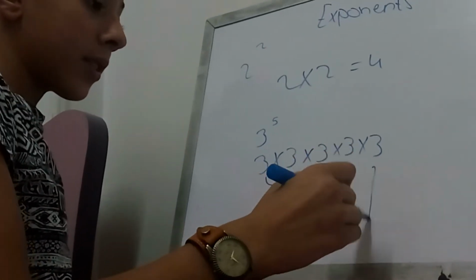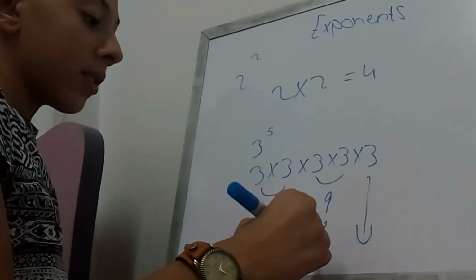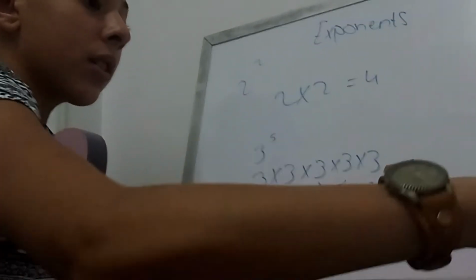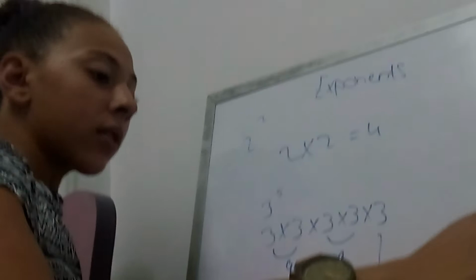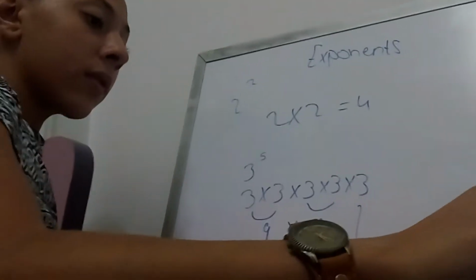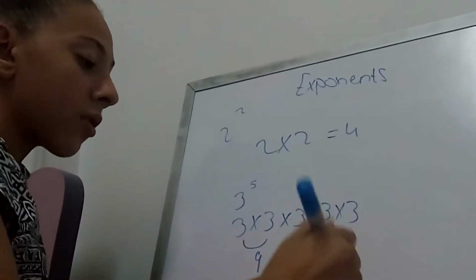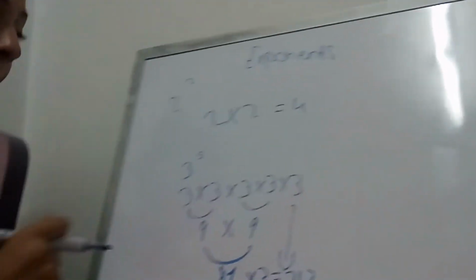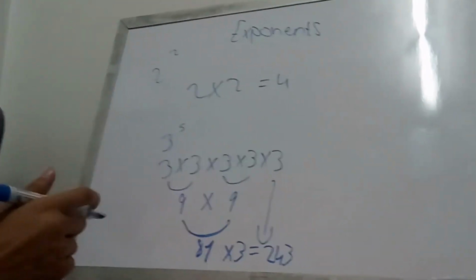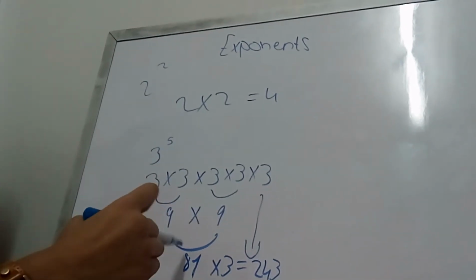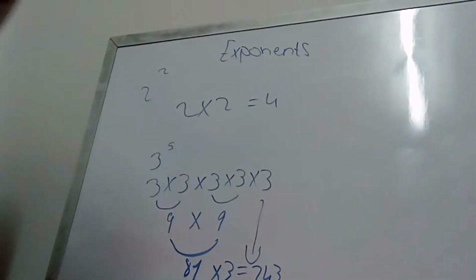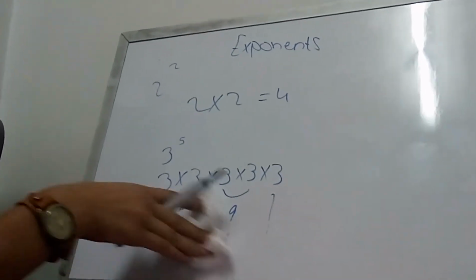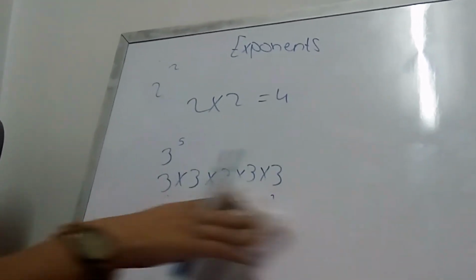Then you drop this down because you didn't multiply it, and then do 81 times 3 equals 243. Okay? This is how you solve exponents. I'll give you another example. Exponents are very easy.